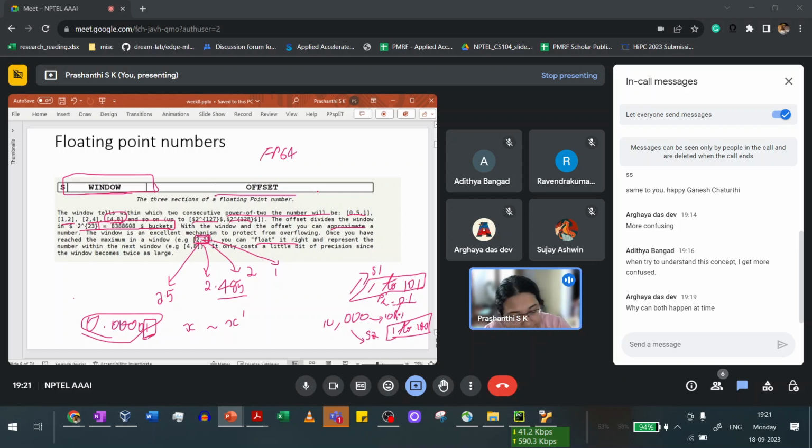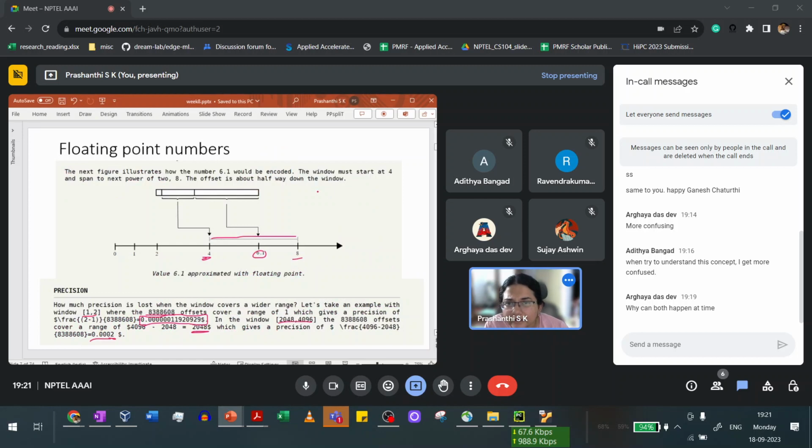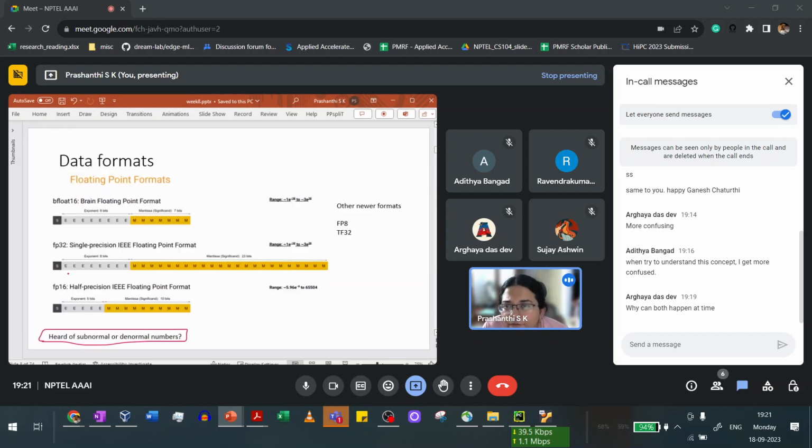And interestingly, what I told about HPC applications, that they need a lot of precision, is not the case for deep learning applications. They can work with very low precision as well, which is why if we move to the next slide, you will see a lot of different formats. So FP32 was what we just discussed.